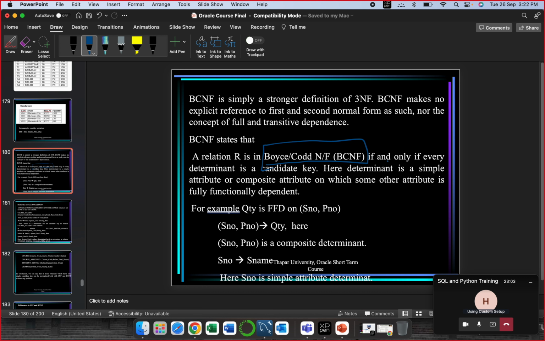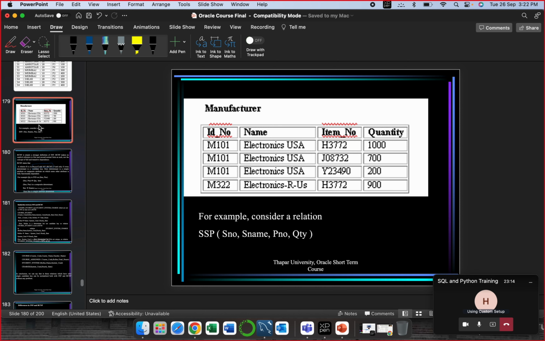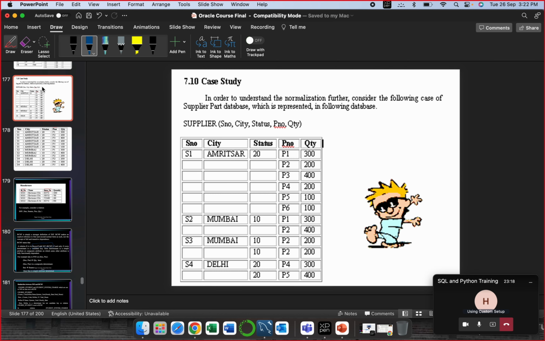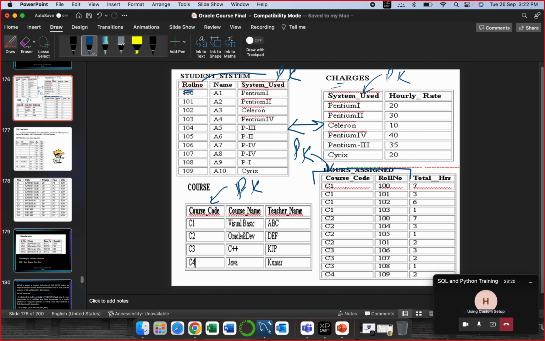Now BCNF states that a table is in BCNF if and only if every determinant is a candidate key. Here a determinant is a simple attribute or composite key on which some other attribute is fully functionally dependent. Like over here, course code and roll number, that's a composite key.